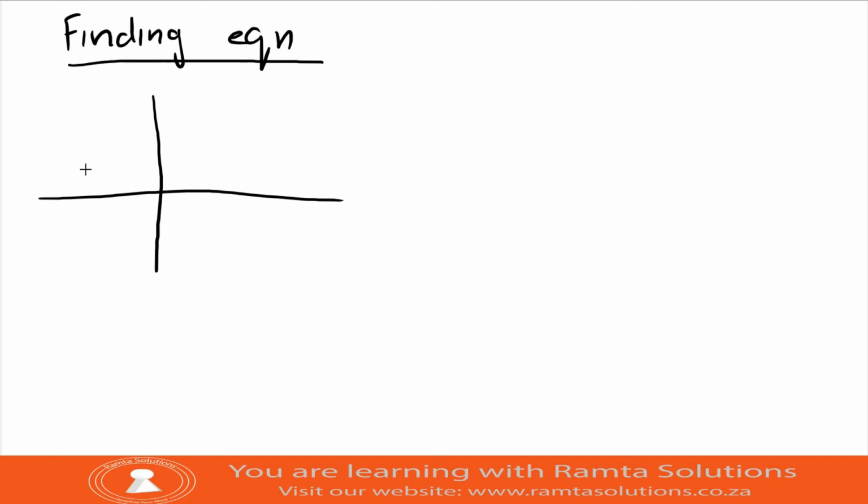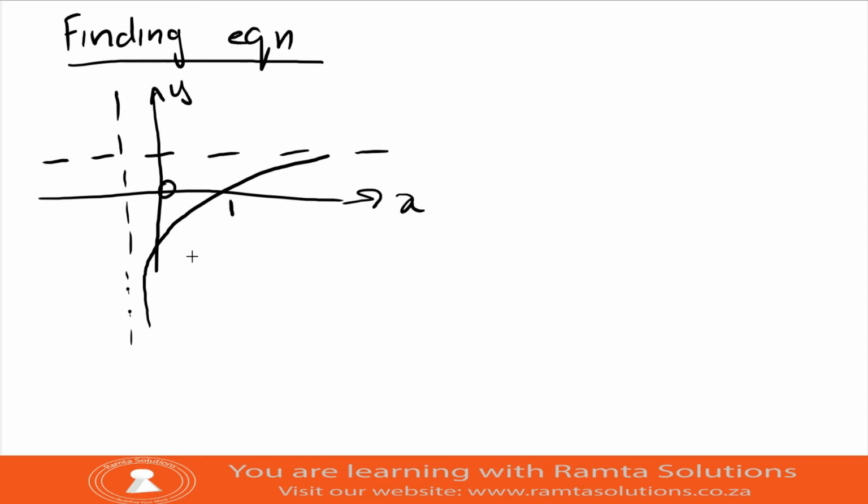Let's do this. And then we also have this line. This is y, this is x, of course this is 0, and then this is 1, this is negative half. This line here is minus 2, and there's another point here. So with this one, we know that y equals a over x plus p, plus q.